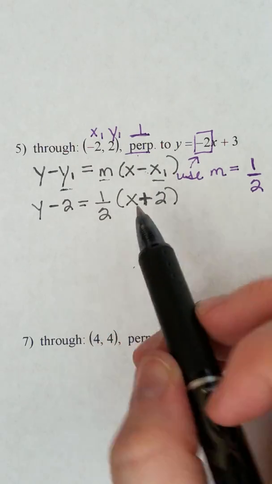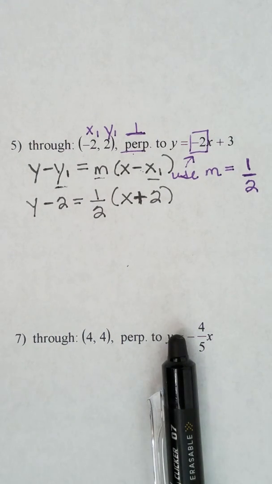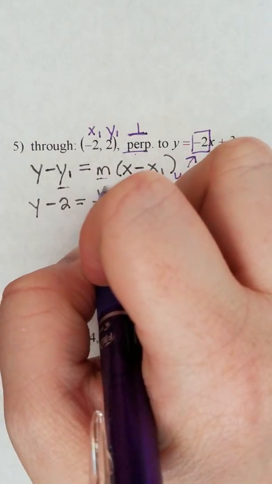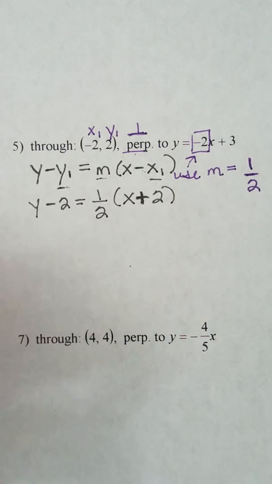So I'm going to save myself a little bit of a step, and I'm going to change that to addition. So now the next step is I'm going to distribute, because I need this to look like slope-intercept form. Slope-intercept form, again, is y equals mx plus b.